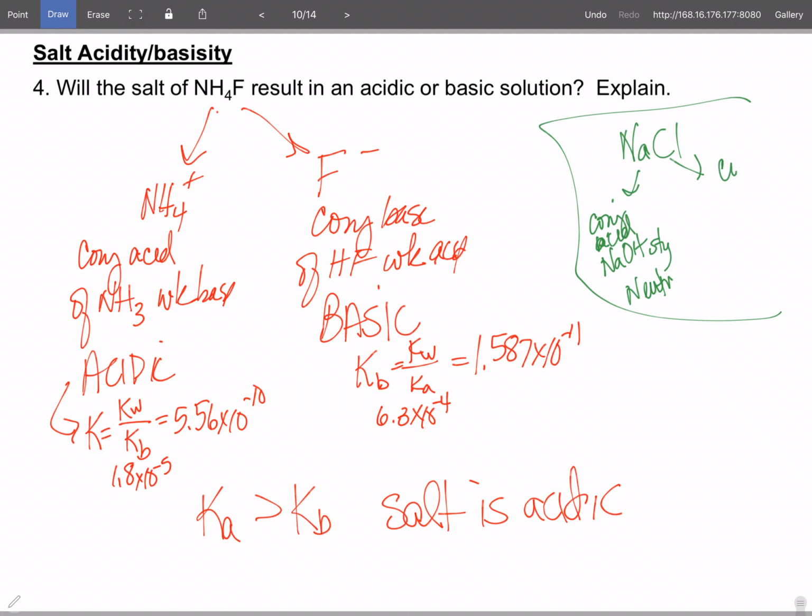Chloride is the conjugate base of HCl, which is a strong acid, so it's neutral. So in this case, two neutrals make a neutral salt. But most salts are not neutral. Okay?